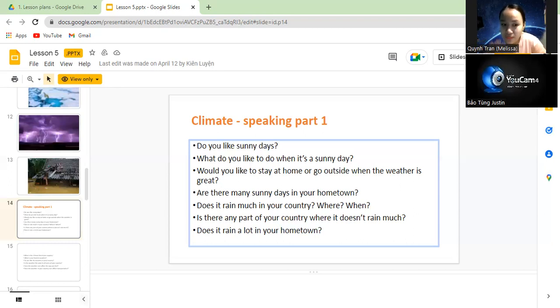Downpour is a noun, pour down is a verb, and pouring is an adjective. Pour down is to rain heavily, and pouring is the adjective of heavy rain. And what else?